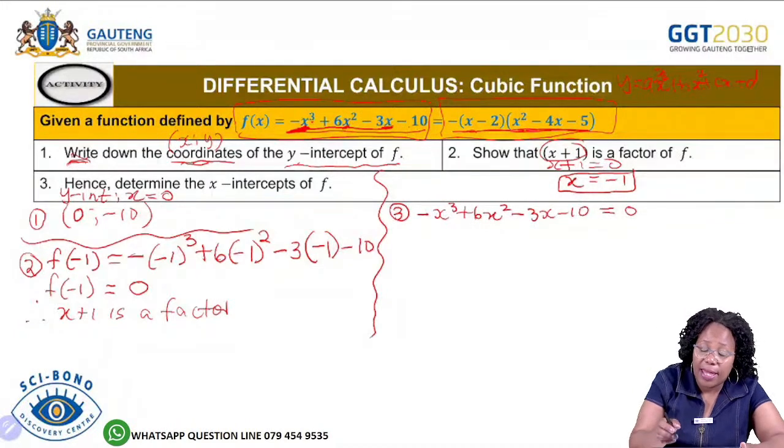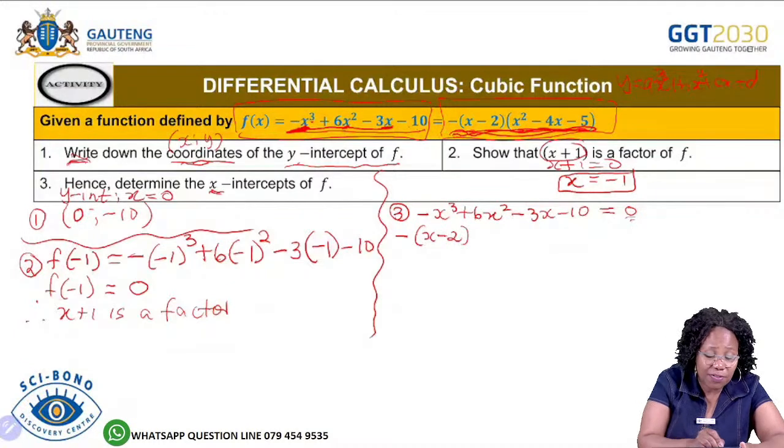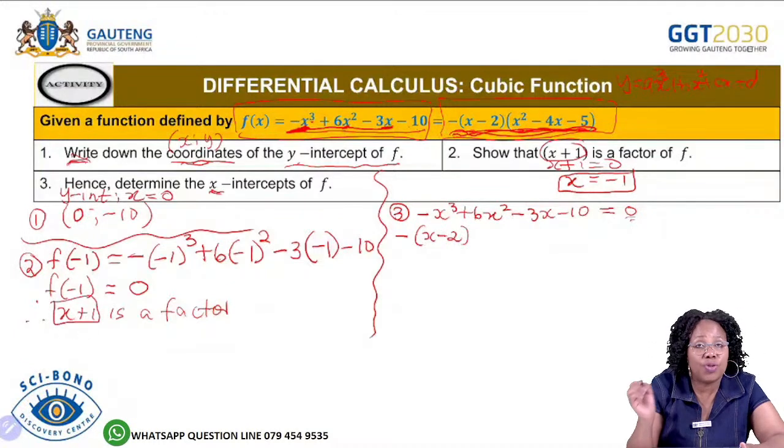If you want to find the x-intercept, you let y equal to 0. Remember that. This is already factorized for us. We are taking those factors. Negative was taken out, and then we have x minus 2. Remember, we have just proven that another factor there must be x plus 1. No need to check for that. It is already there.